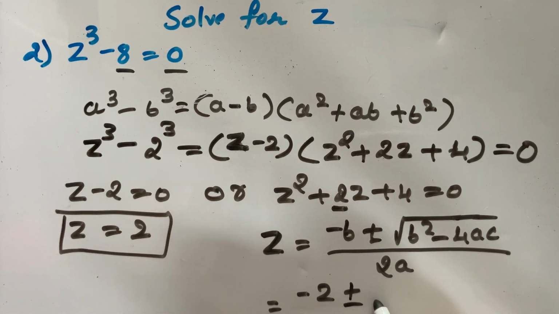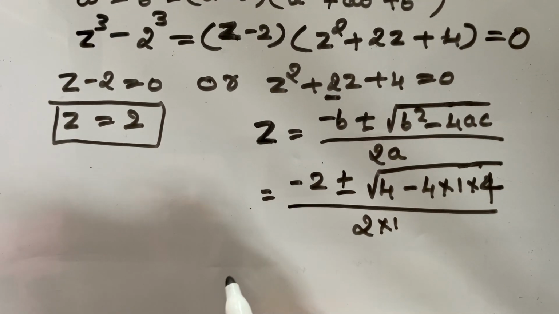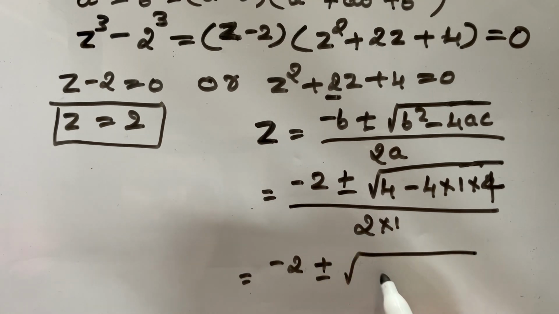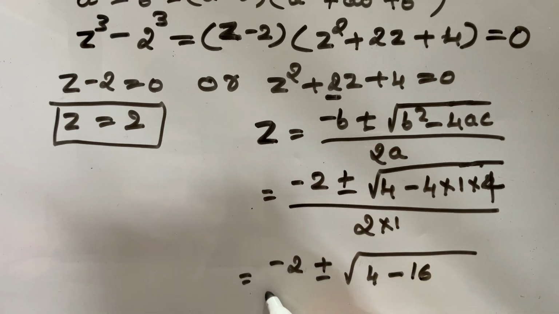So minus 2 plus or minus square root of b square, 4, minus 4 times a is 1, c is 4, divided by 2a, 2 times 1, which is equal to minus 2 plus or minus square root of 4 minus 4 times 4, 16, divided by 2.